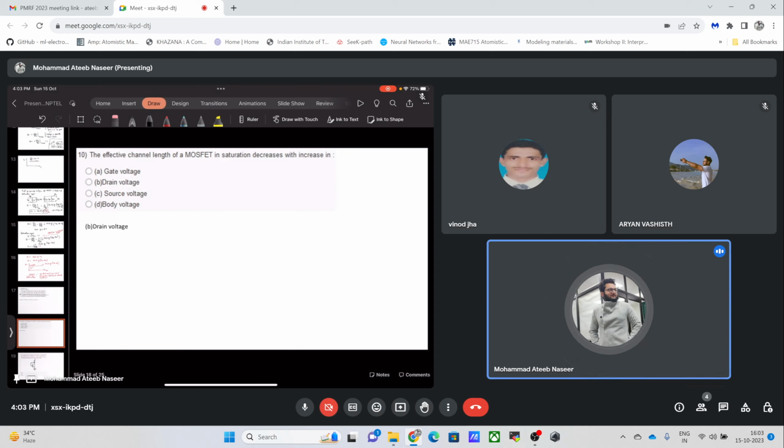This dependency actually exists. The current also depends on the drain to source bias.